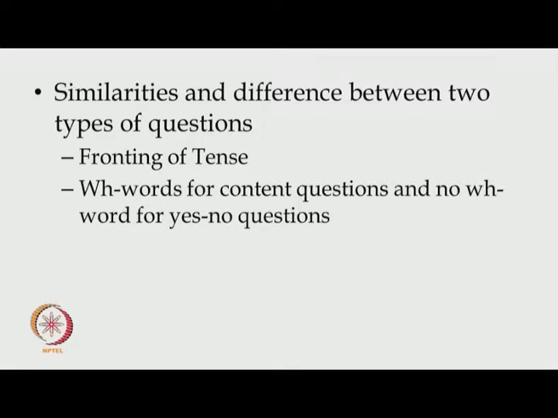In doing so, we saw yesterday two things that came up from the two sentences we were looking at, such as what did you buy and did you buy a phone.